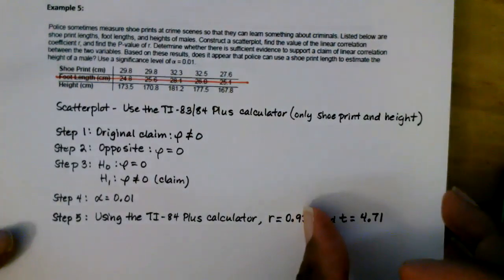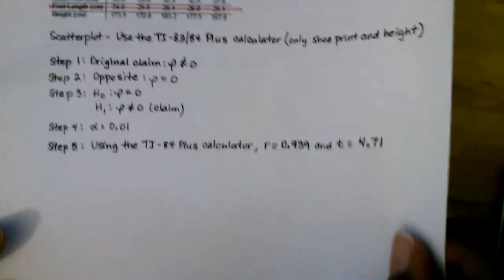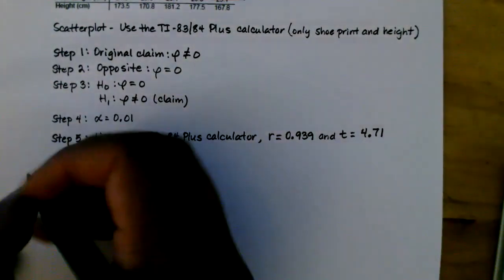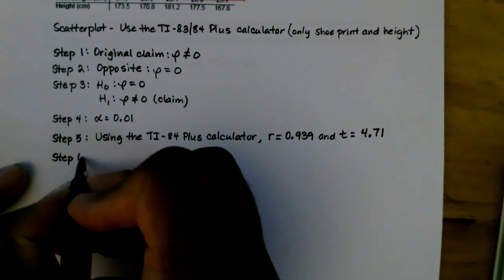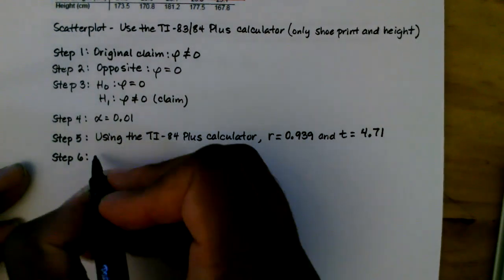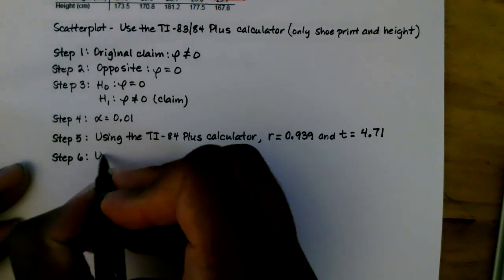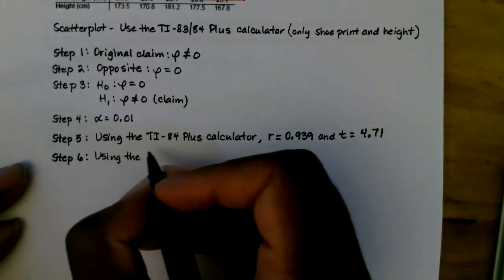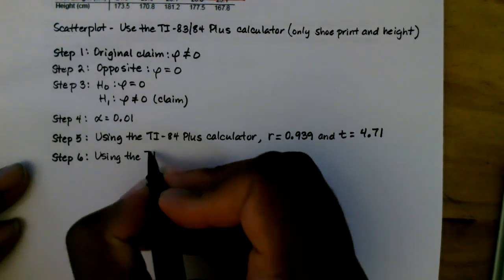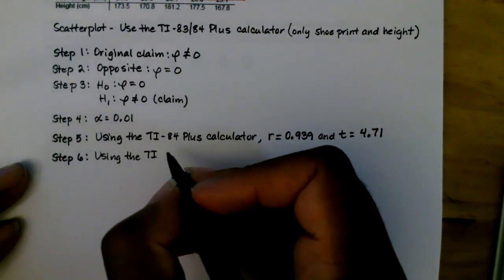Okay, and now step number 6 is, again, we're going to use the TI-84 Plus calculator to get our p-value, because that's what they asked for in this case.